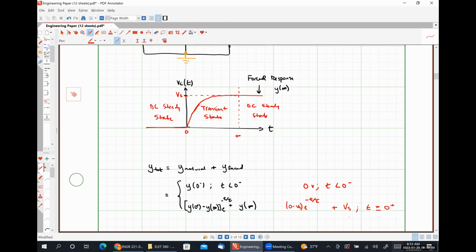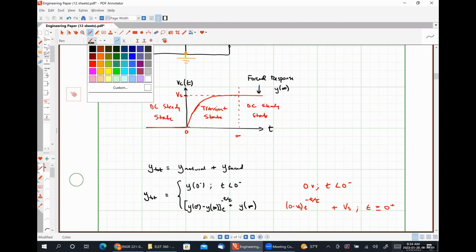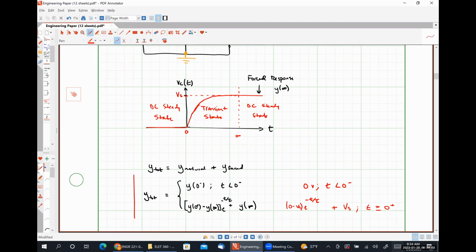And at 0 minus, we have 0, so we have a continuous function. Okay. So this guy right here is our new generic equation that we can apply to our first order circuits.